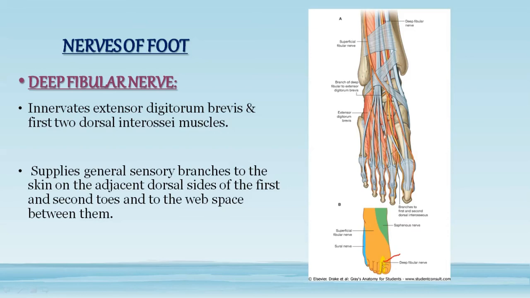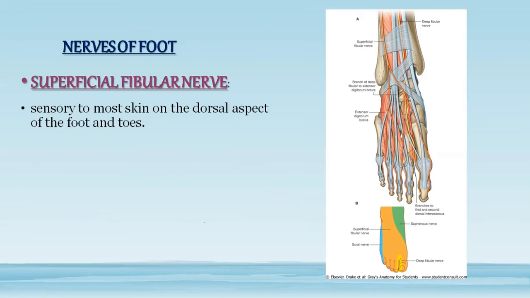Only this small part is supplied by the deep fibular nerve. So what is written? It supplies general sensory branches to the adjacent dorsal side of the first and second toe and to the web space which is present between the first and second toe.